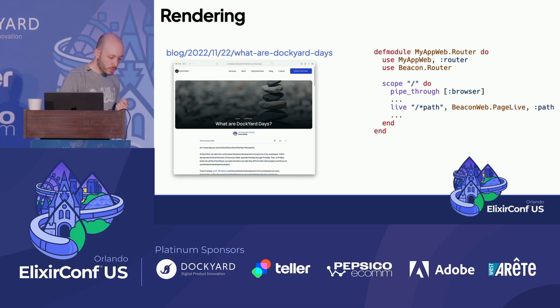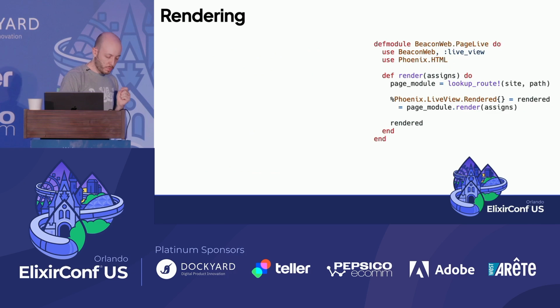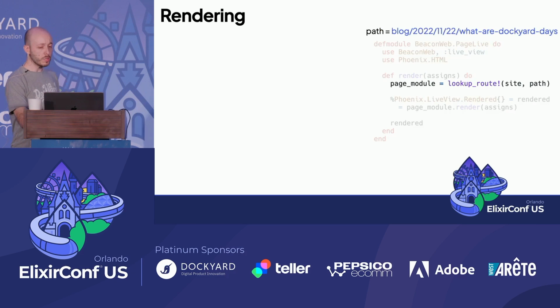And PageLive is responsible for assigning a layout, for loading data, and loading all the resources for each page. But the most important function, again, is the render function. The first step is, given a request path, like this one, we need to find the page module to serve the page for that request path.